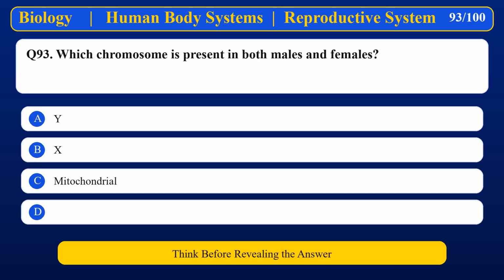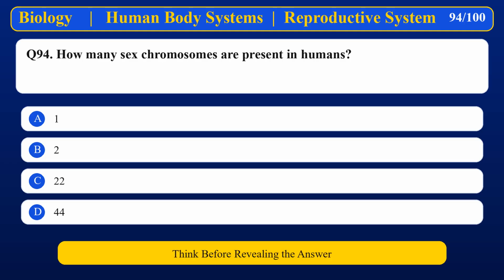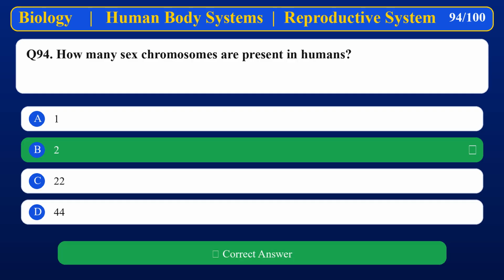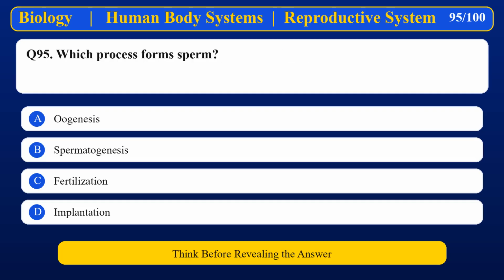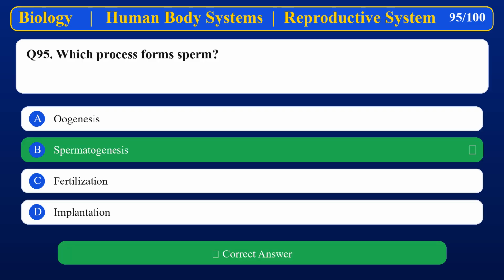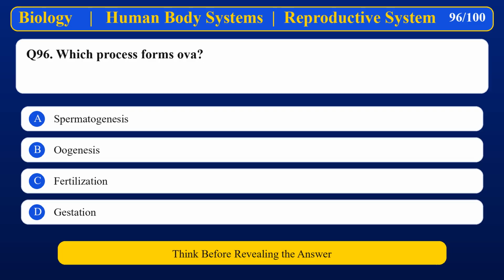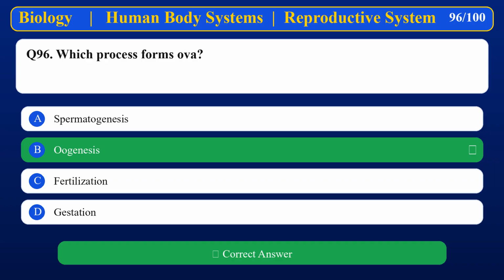Which chromosome is present only in males? Y. Which chromosome is present in both males and females? X. How many sex chromosomes are present in humans? 2. Which process forms sperm? Spermatogenesis. Which process forms ova? Oogenesis.